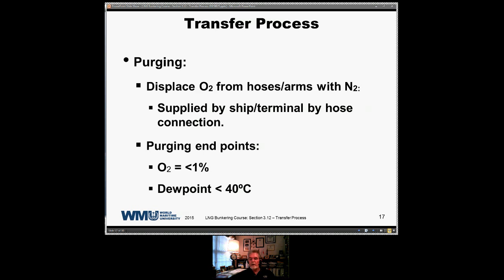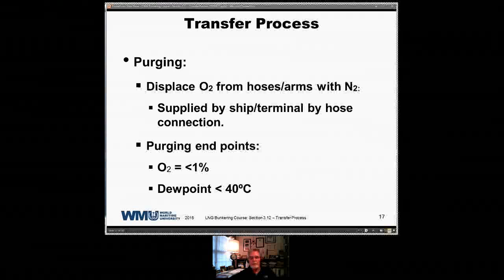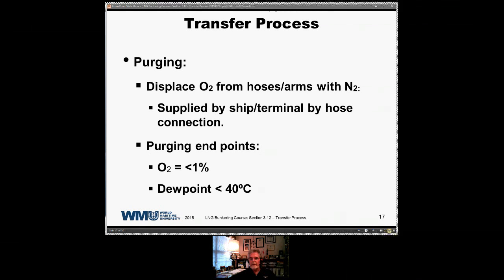Not all terminals require it, but most ships are also going to check the dew point of the environment in that pipeline. What we want to see is a dew point of less than minus 40 degrees centigrade. That way we're certain that the environment is dry and that the possibility of the formation of any ice particles is eliminated.